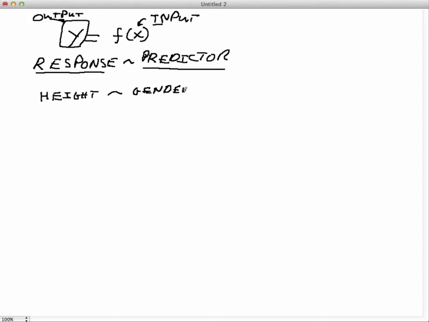Most of us know that males tend to be taller than females. And so if we give the gender as a predictor, it'll tell us something about the differences in the heights. So that's the basic idea behind what's referred to in R, and many times in statistics, as a model formula. And we're going to use those to help us do side-by-side comparative box plots.